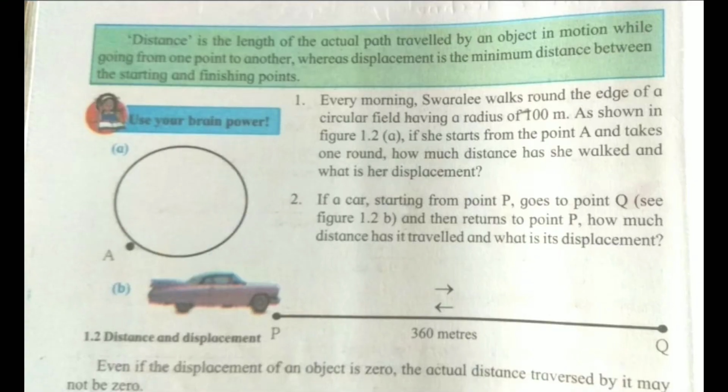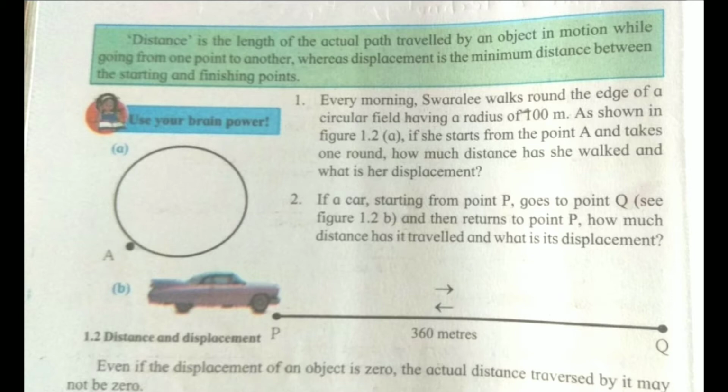See on your screen a circular ground with point A. Swarali walks around the edge of that circular field, having a radius of 700 meters. As shown in the figure, if she starts from point A and takes one round, how much distance does she walk? She walks 4500 meters around that circular ground.